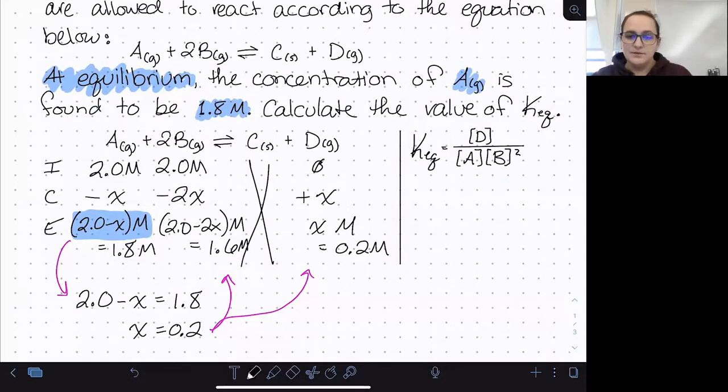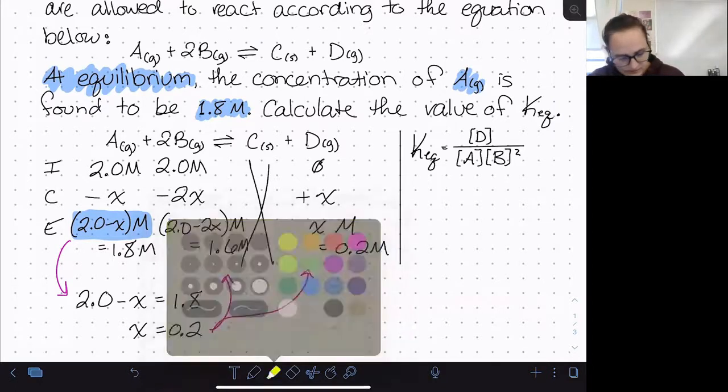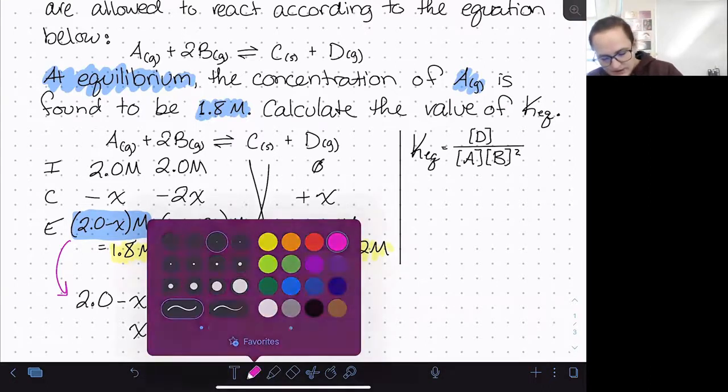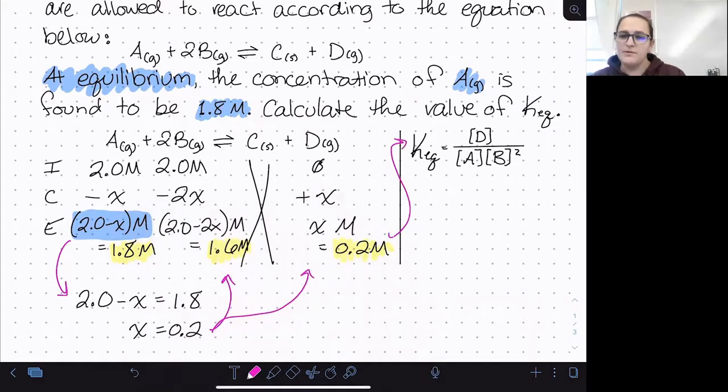So now we just need to plug in the values that we just calculated for our equilibrium concentrations into our equilibrium expression to calculate the value of K. So we take all of these and plug them in just like we did previously.